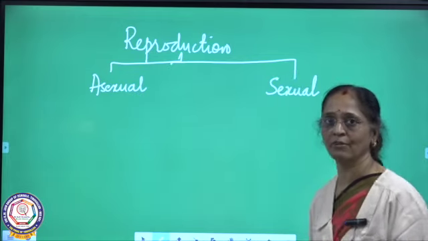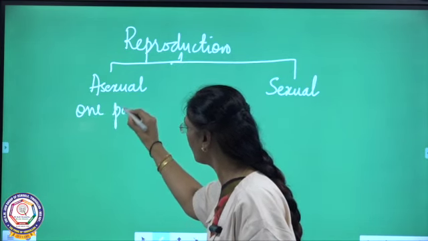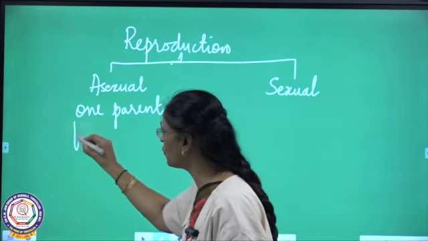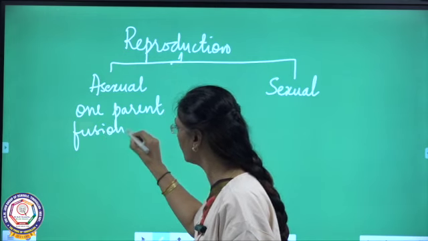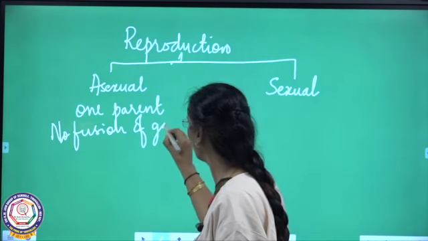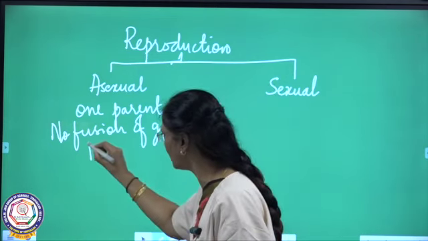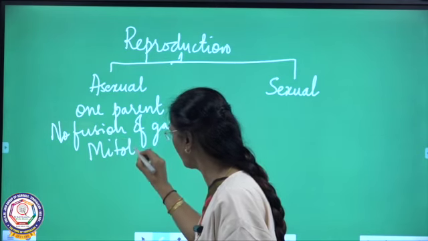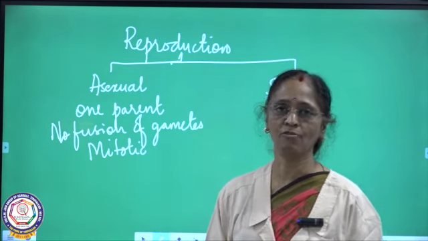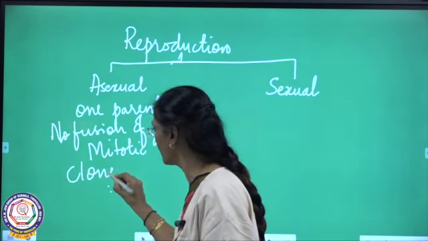In this asexual reproduction, only one parent is involved, there is no fusion of gametes, and the division which takes place is mitotic, and the organisms which are formed are morphologically and genetically similar to the parent, and we call them clones.